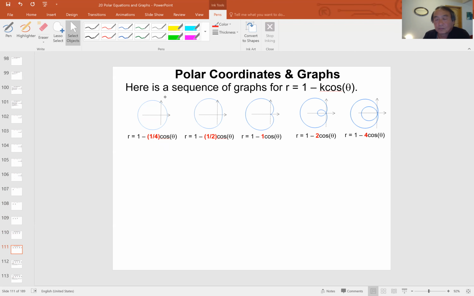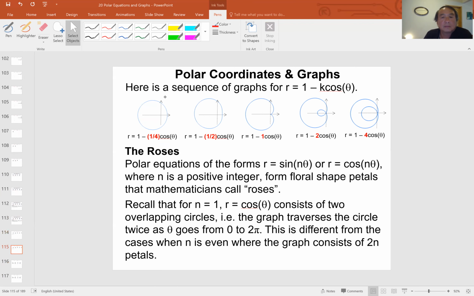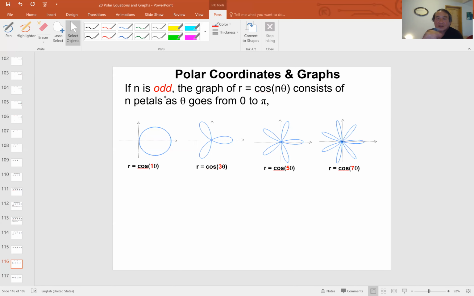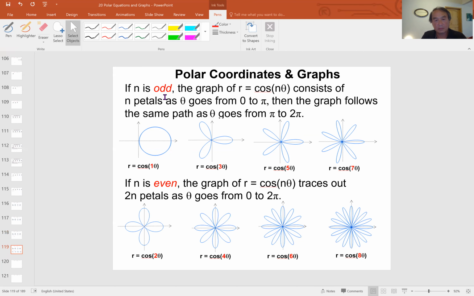Okay. So we also have the roses. Two types, basically sines and cosines. If we look at the corresponding sine, it's going to have double the amount of petals as opposed to cosines.